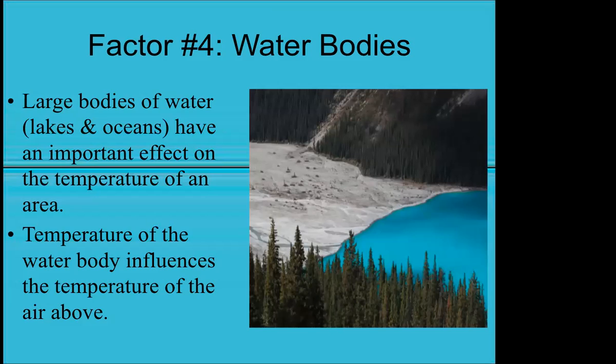So the temperature of the water body influences the temperature of the air above. So the land is typically really what? Dry. And over the water, the body of water would be moist.